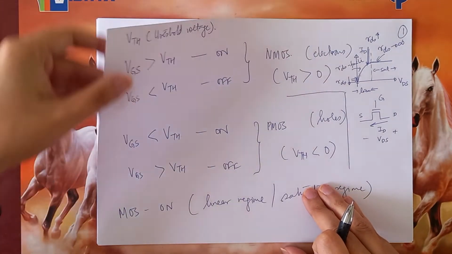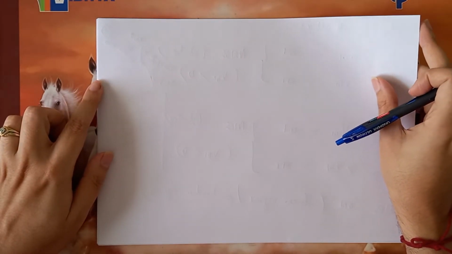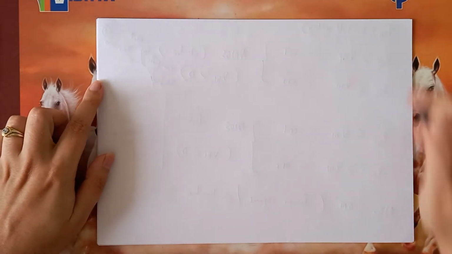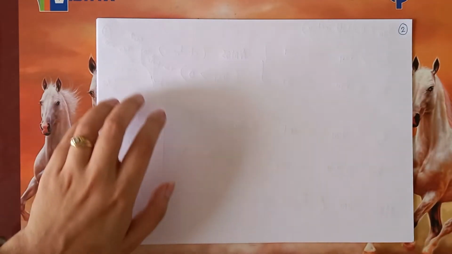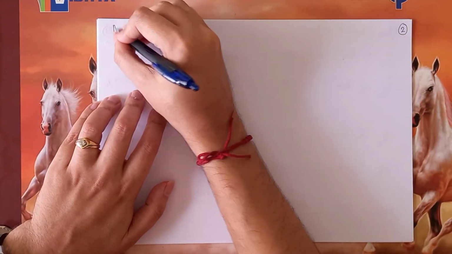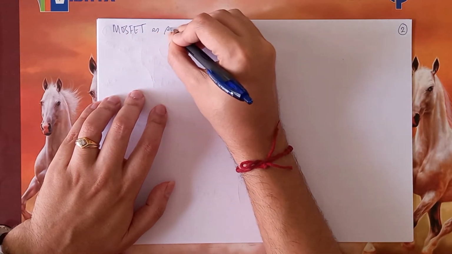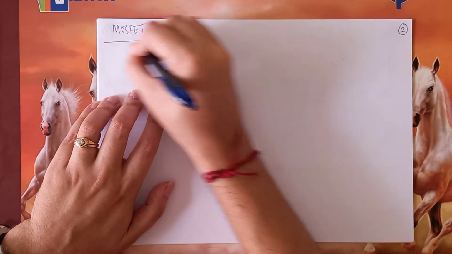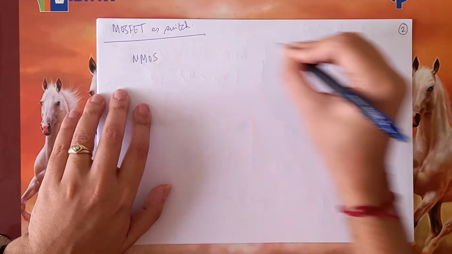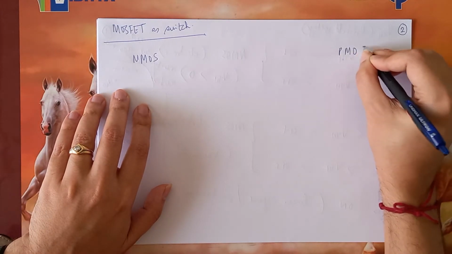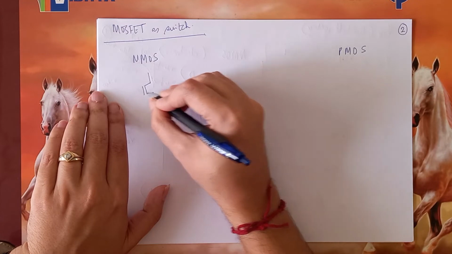So let us now look at how we can use the MOSFET as a switch. So if I have, let us say, an NMOS and a PMOS, as you know, the symbols are something like this.